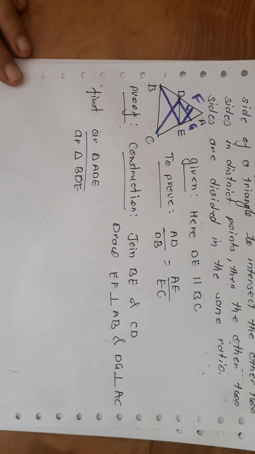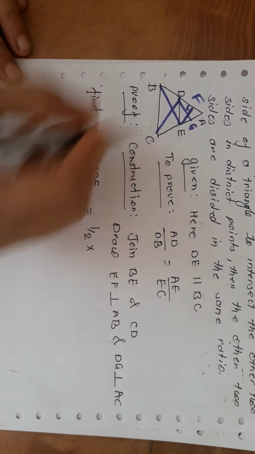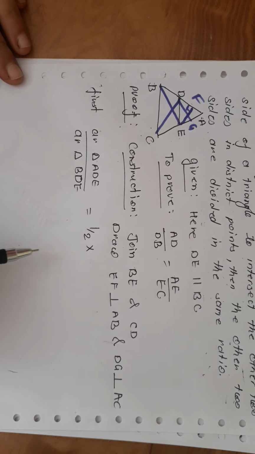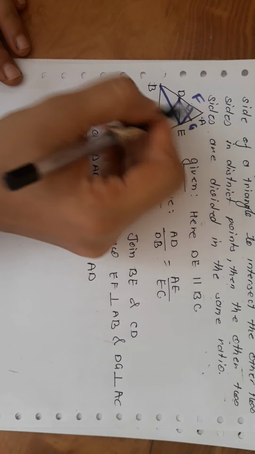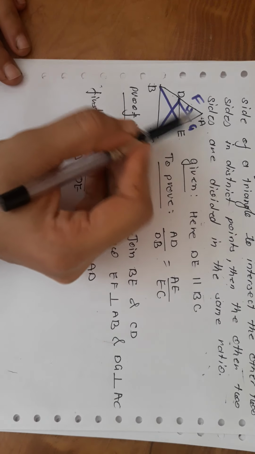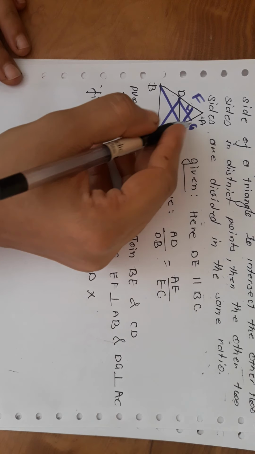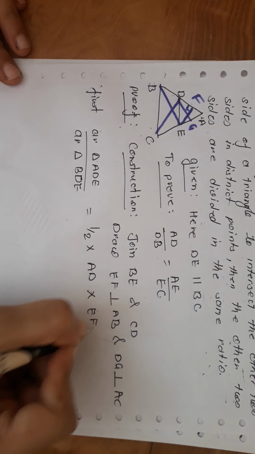We all know that the area of a triangle is half into base into height. So half, the base for triangle ADE is AD, and the perpendicular is EF.